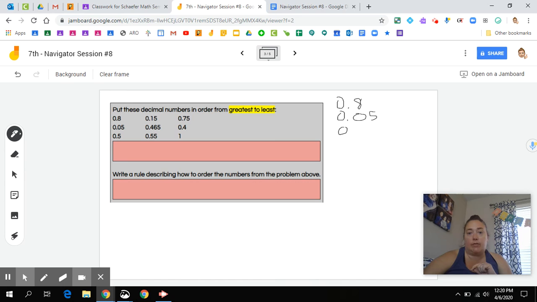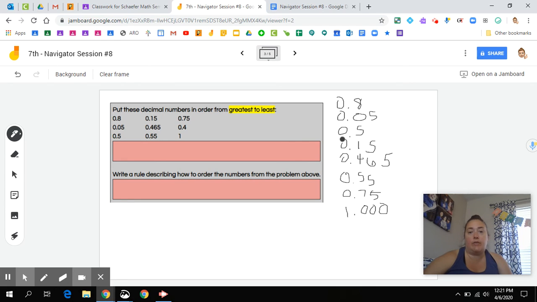And then I have a 0.5, I have 0.15, I have 0.465, I have 0.55 and 0.75, and then 1. 1 would be like 1.0 or 1.00 or 1.000, right?